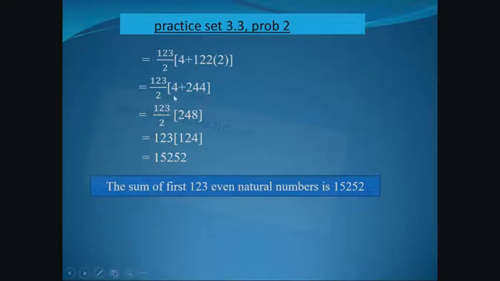That is 4 plus 244, so 248 into 123 upon 2. 248 divided by 2 is 124. So 123 into 124 becomes 15252. So the sum of the first 123 even natural numbers is 15252.